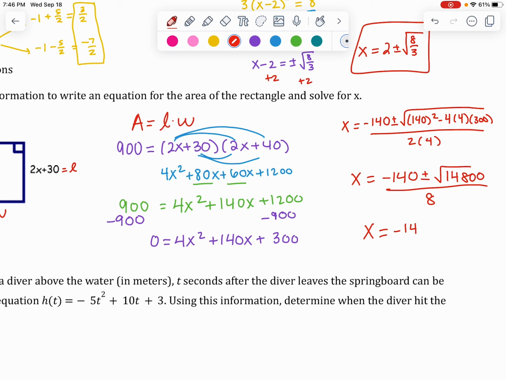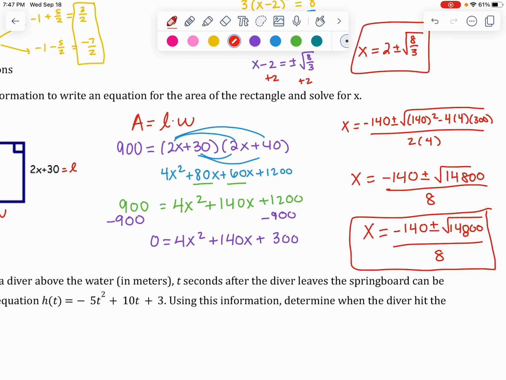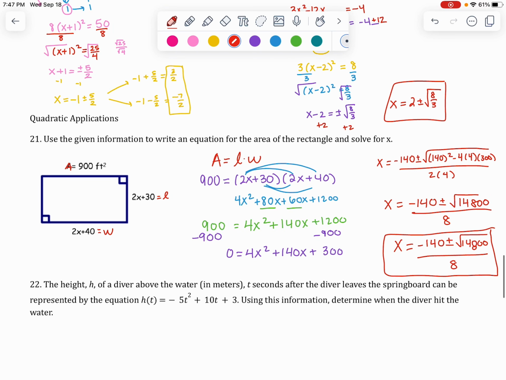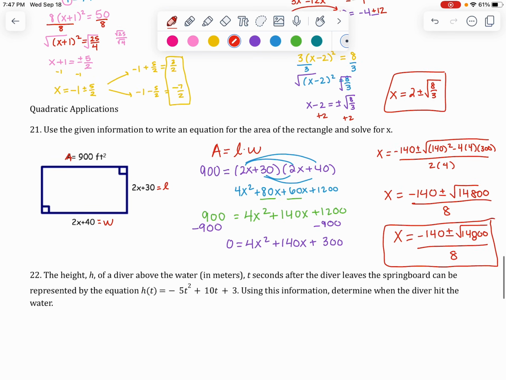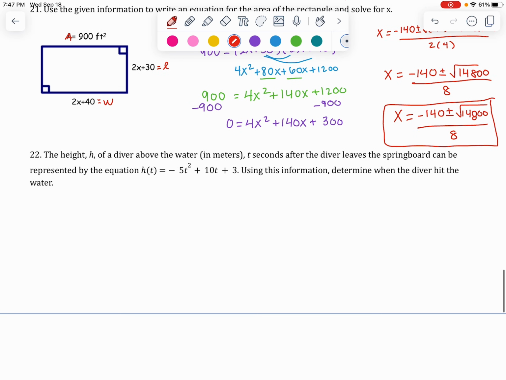So I get x equals negative 140 plus or minus the square root of 14,800 over 8. You could probably simplify that radical. This is kind of an ugly problem. Typically, if you have a word problem, you would expect that you'd get an x value you could plug back in. This one, unfortunately, we didn't. So that's fine.